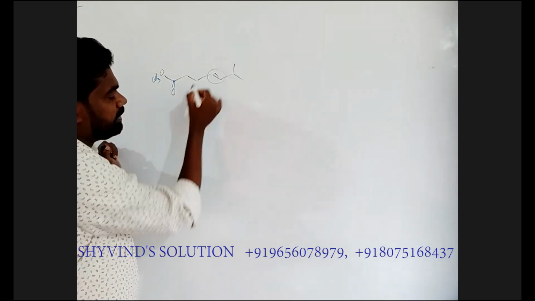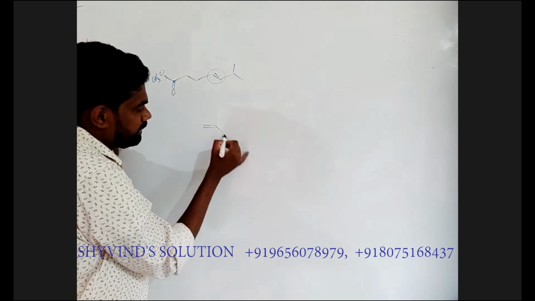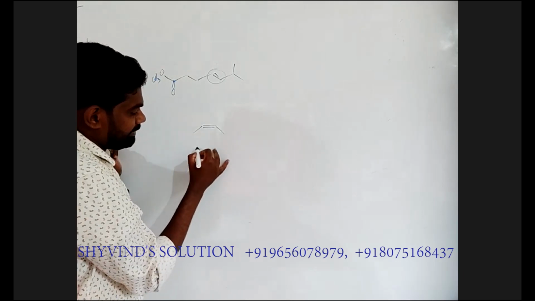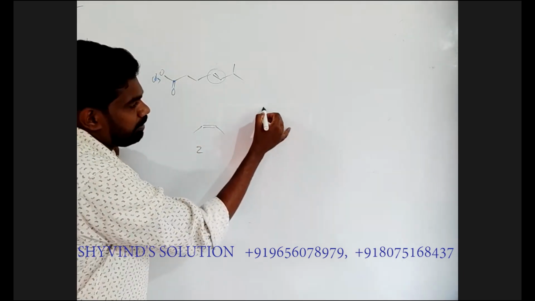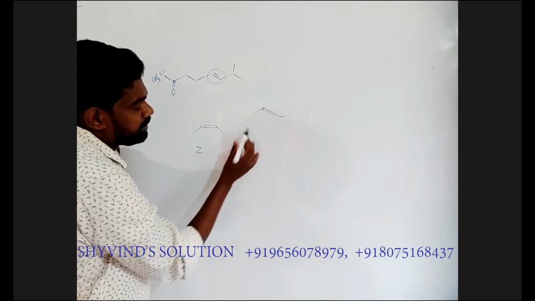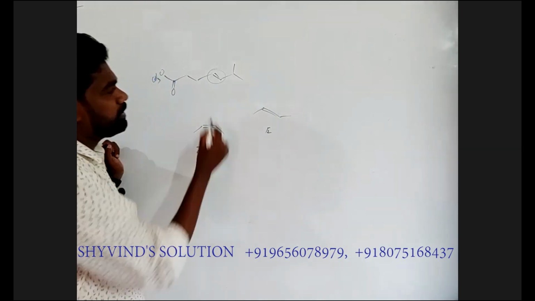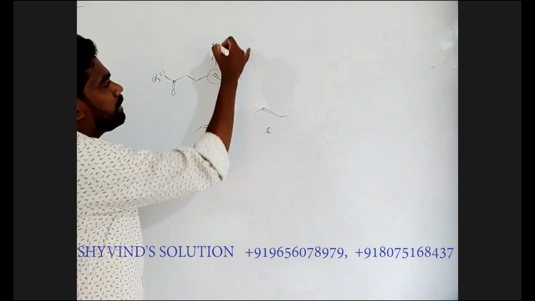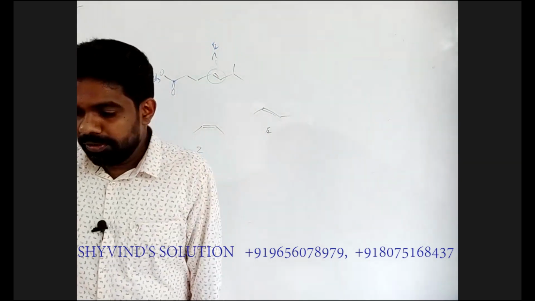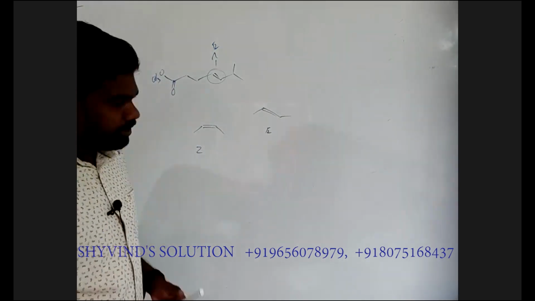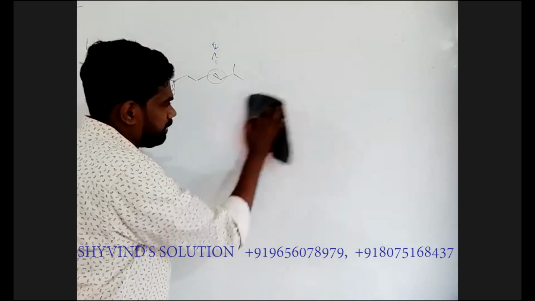If a double bond is like this, we call it a Z double bond. If we have a double bond like this, that means a trans-like double bond, then we call it an E double bond. So this is an E double bond. The first option is given like this. All the options are very similar.